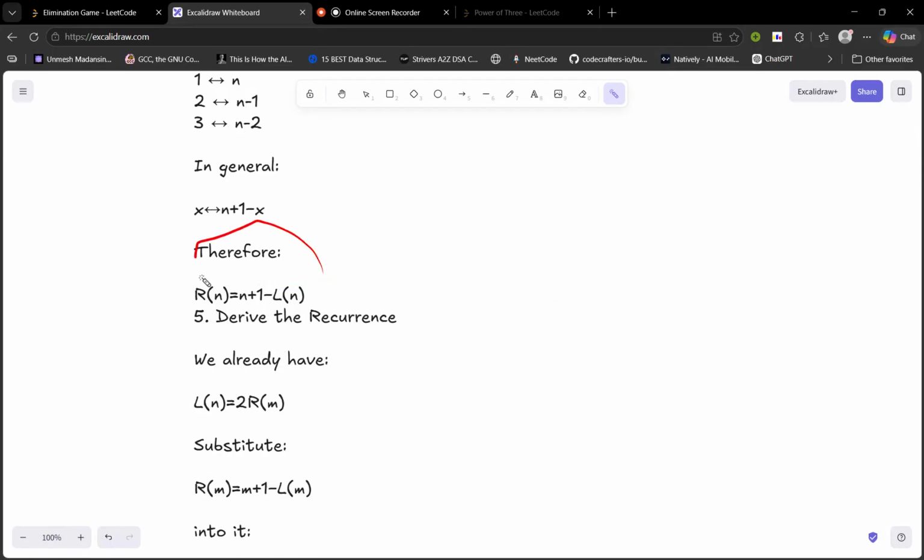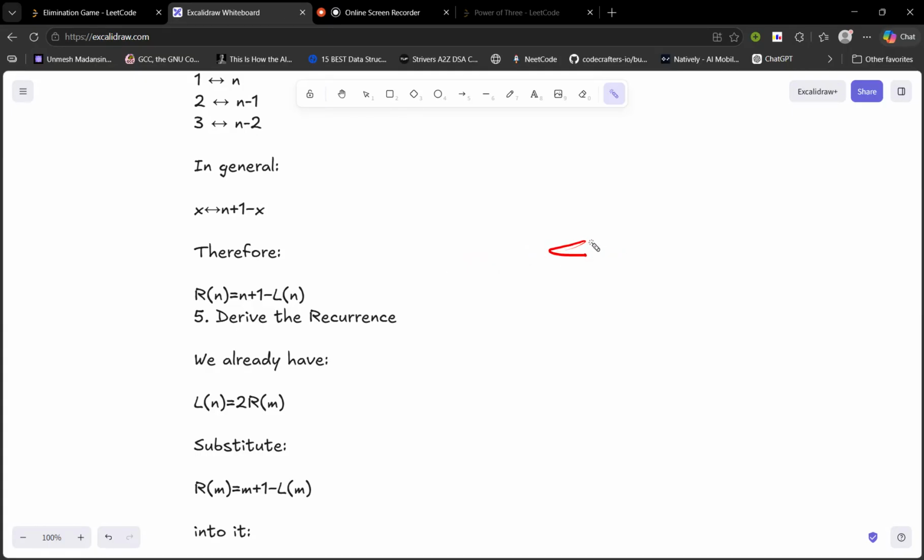So therefore, what we can say, for Rn, n plus 1 minus ln, as x here is from the left side, from the right side it will be Rn. If from the left side x is surviving, then from the right side n plus 1 minus x will survive.